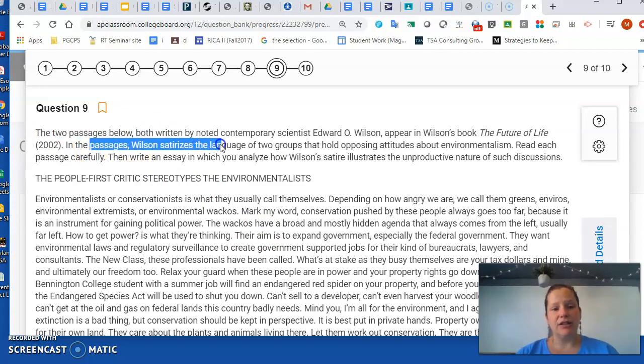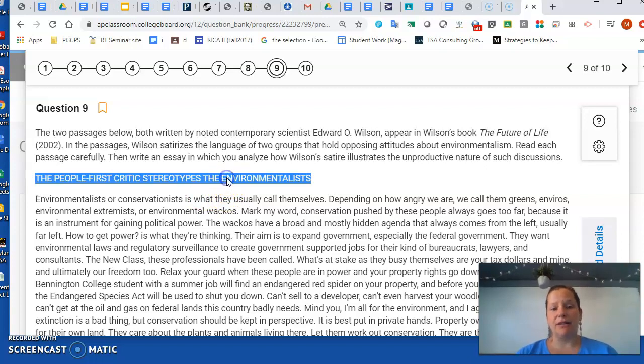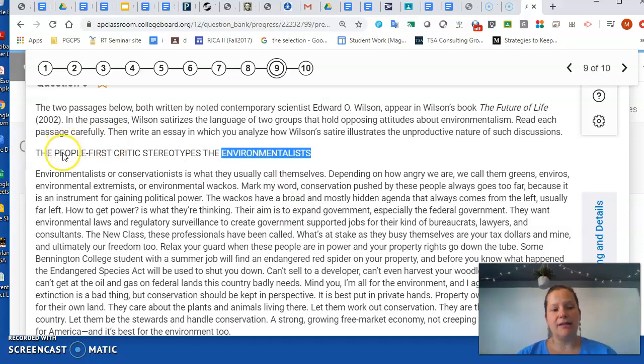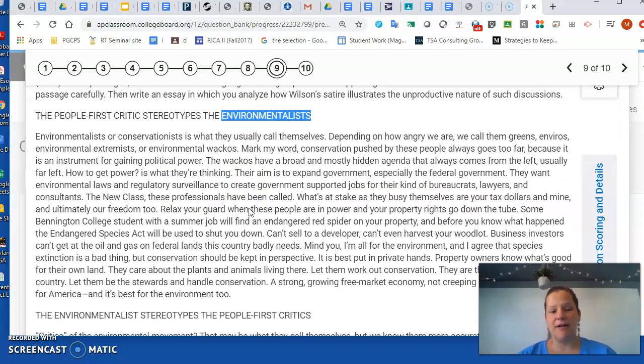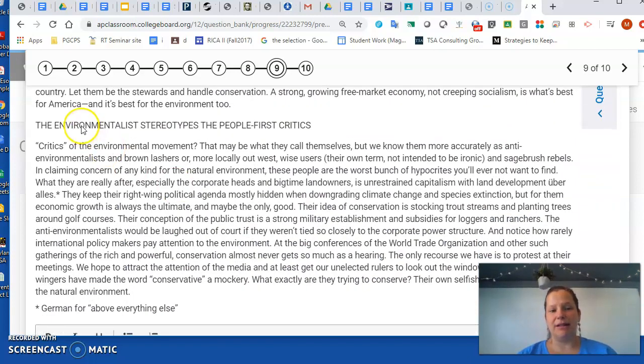Each passage satirizes one group of people. Alright? So we've got people first, people matter the most, and we've got environmentalists. The environment matters the most. In the first passage, the people first arguers criticize the environmentalists. And in the second, the environmentalists criticize the people first. But remember, it's satire. Okay?